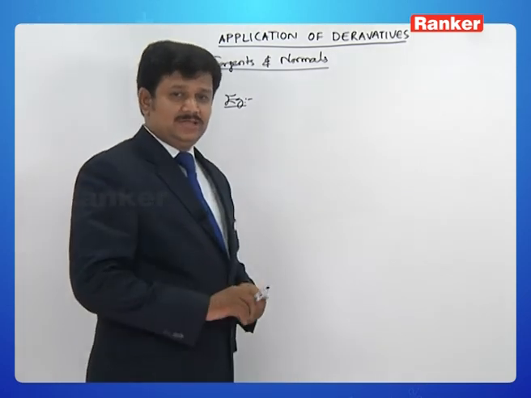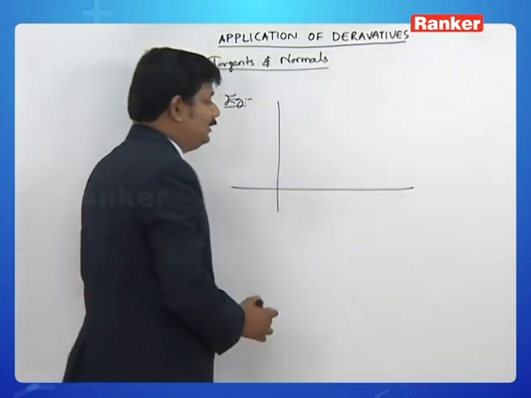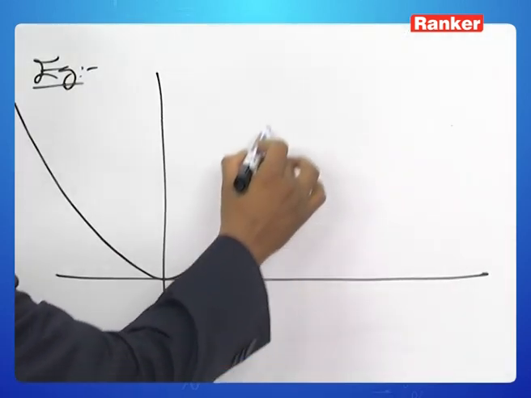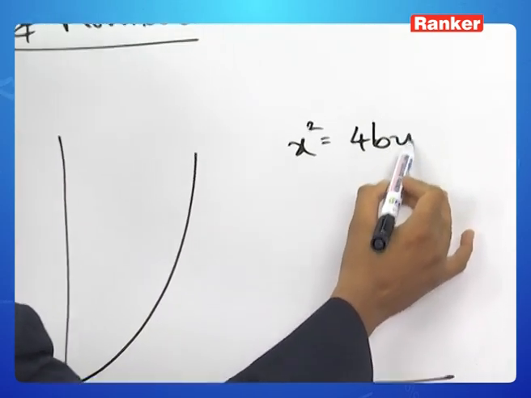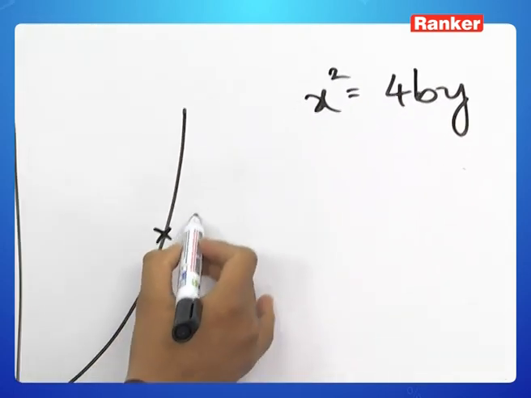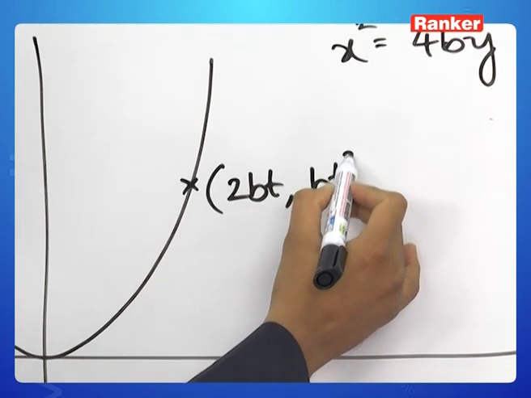Let us look at another example. Let us say I am asked to find tangent to the curve x square is equal to 4by at the point (2bt, bt square).